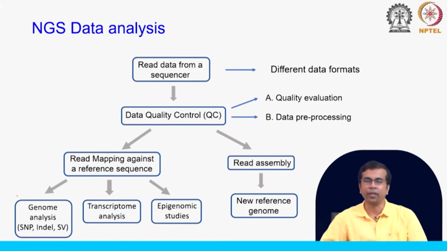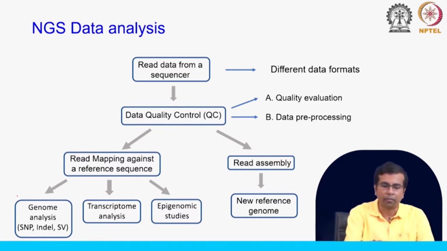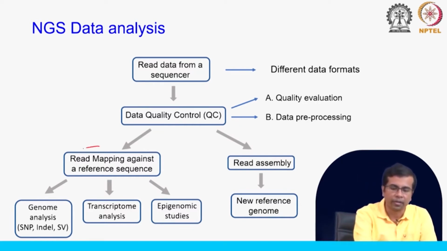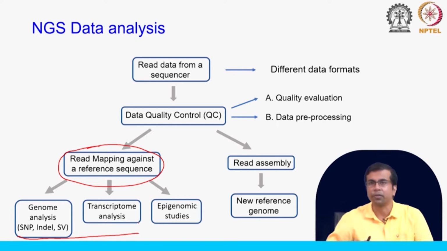We begin with the flow chart that we started with. Here, we have the read data, and we do the data quality control. This step is common across all the analyses. Then we talked about the left part mostly, the read mapping, and then genome analysis and transcriptome analysis. We have not talked about epigenomic studies yet, which we will cover in the last week.